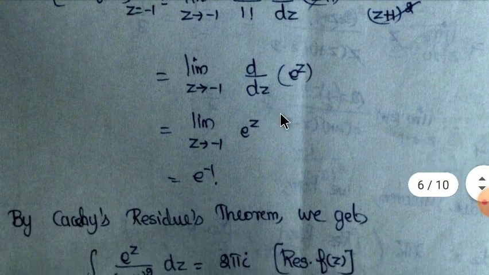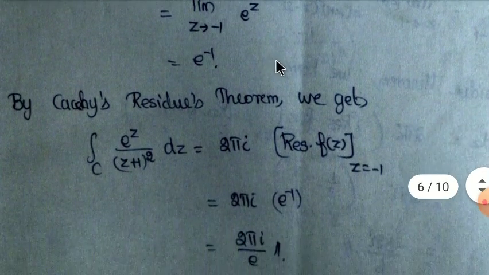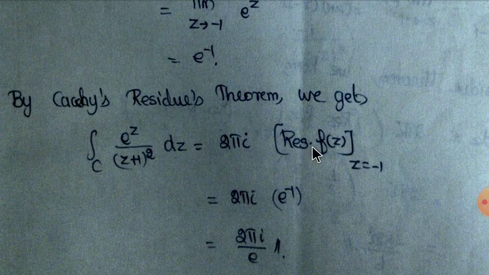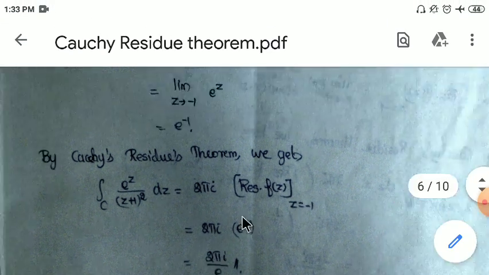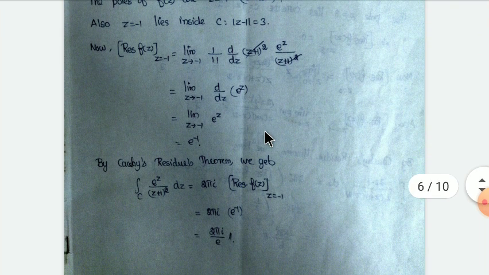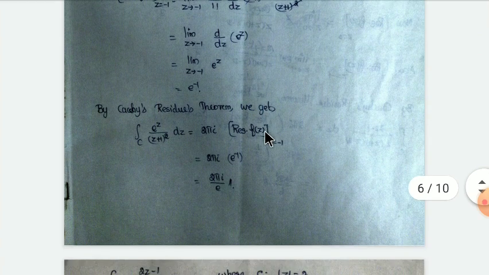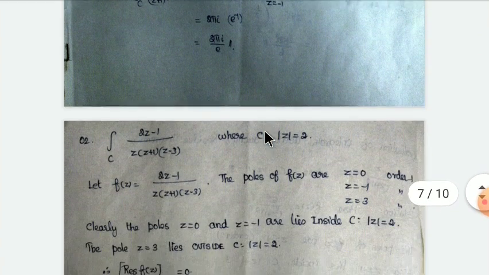Now substitute z equal to minus 1, we get e power minus 1. So by Cauchy's residue theorem, we get 2 pi i into the residue of f of z at the pole minus 1, that is e power minus 1. So we get the answer 2 pi i by e. So that is the answer. Got it? This is the simple way to evaluate the given integrals by using Cauchy's residue theorem.